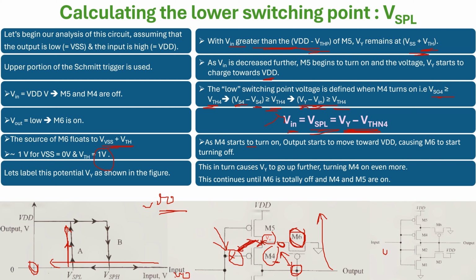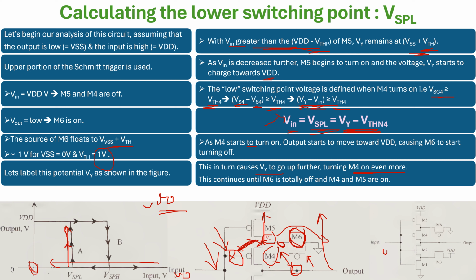This in turn causes VY to go up further, right? Now M6 is turning off, and there is no pull-down path here. This turns M4 on even more, because this is going down and down, and this is going up and up.